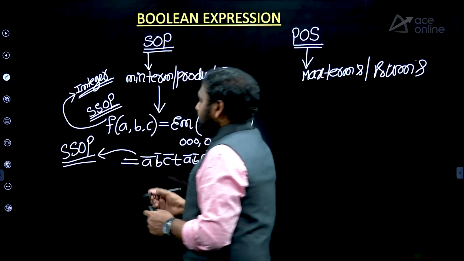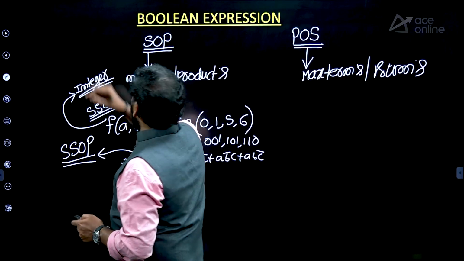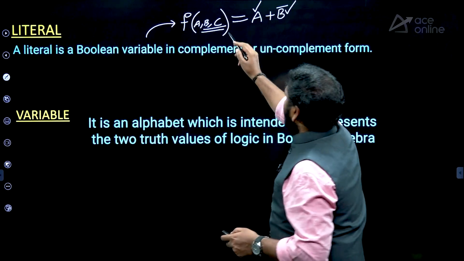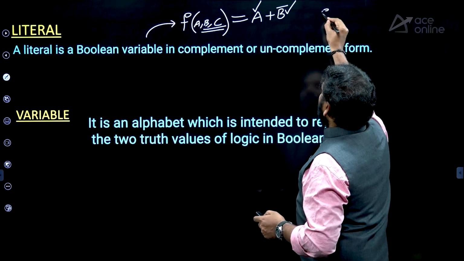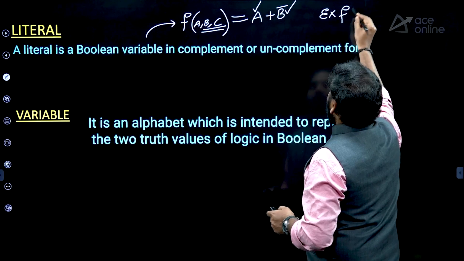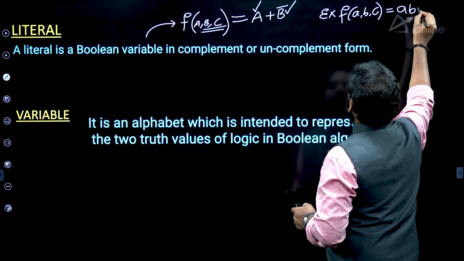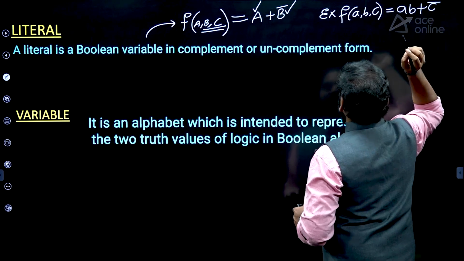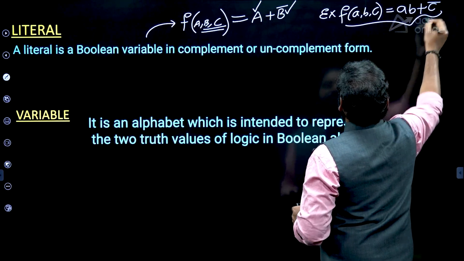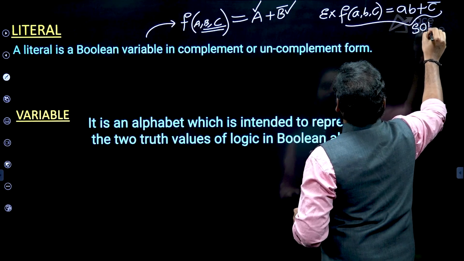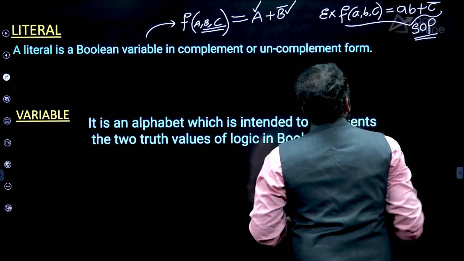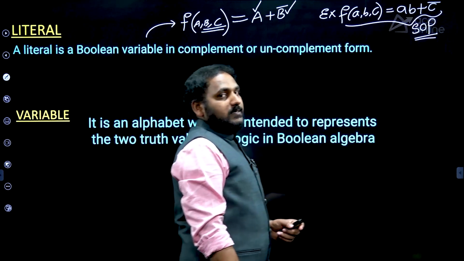For example, there is a certain expression, f of ABC is equals to AB plus C bar. What is this function? This is simply SOP, a sum of products, that's all.